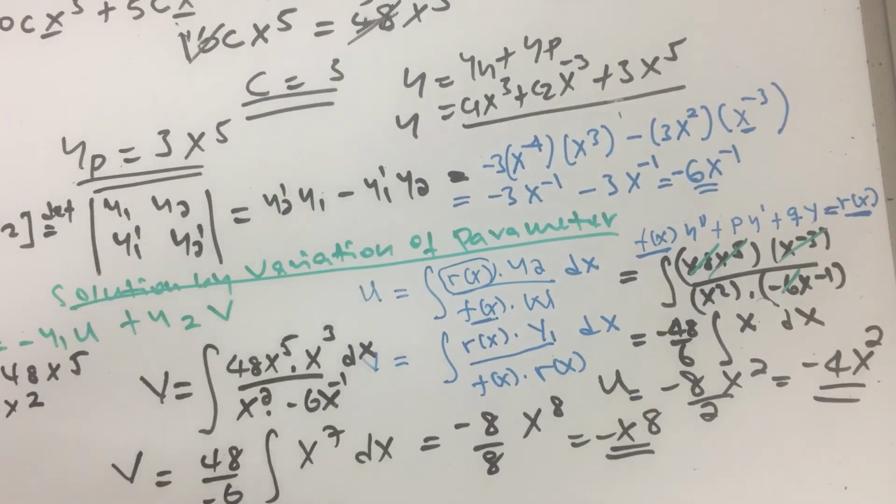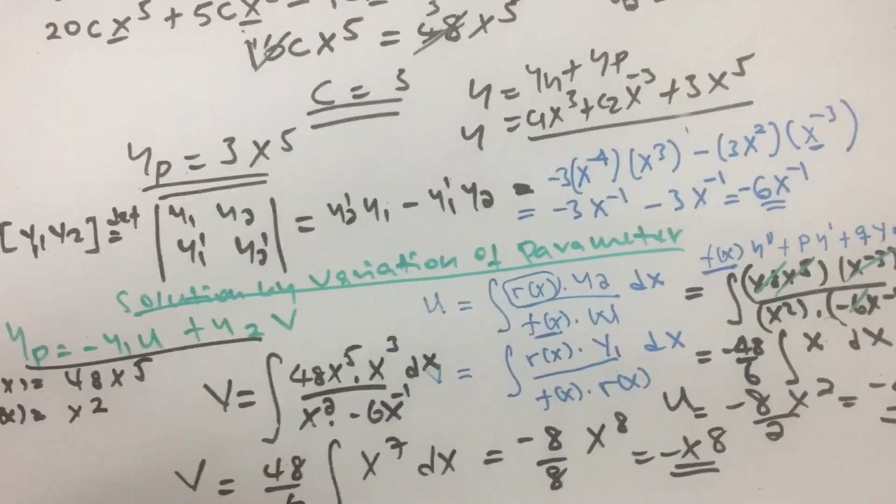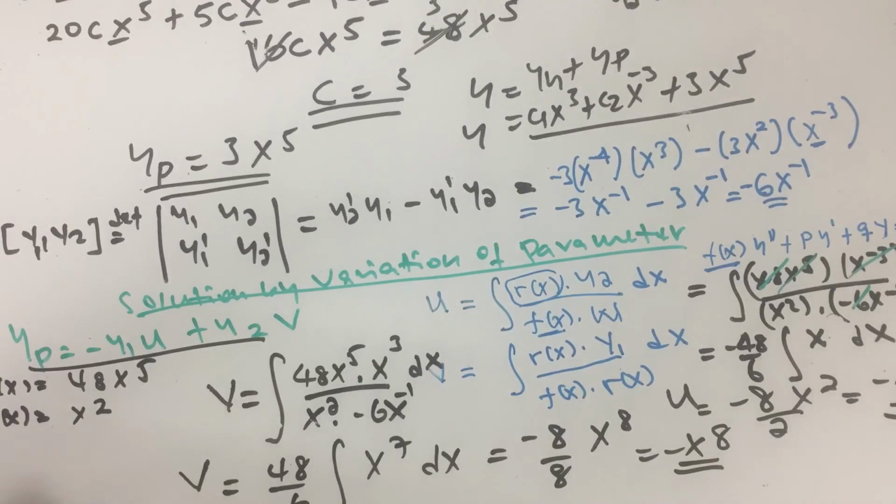So our final solution will be this one. Substitute here. In yp, it is minus y1, where y1 is x cubed, times u, which is minus 4 x squared, right?